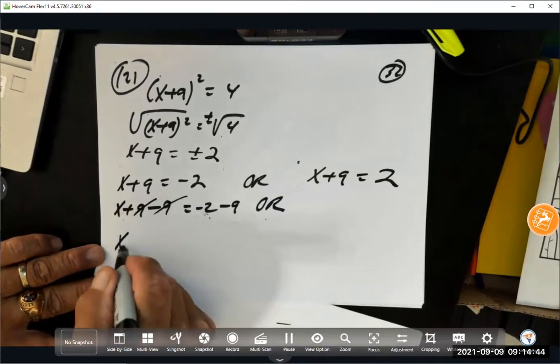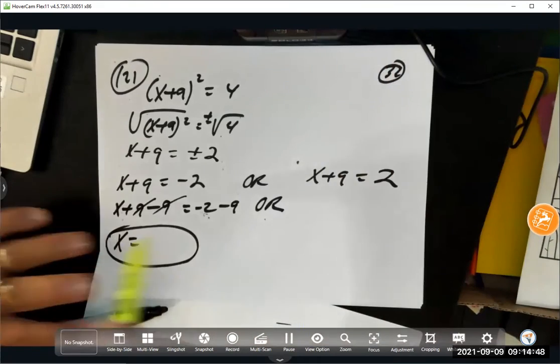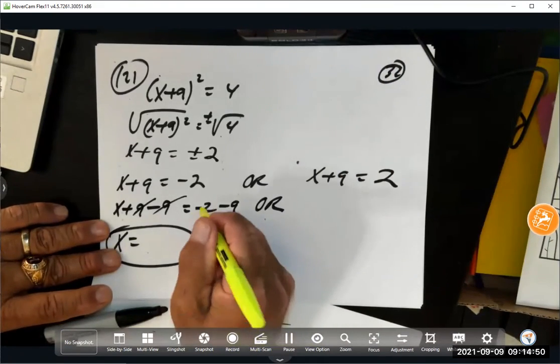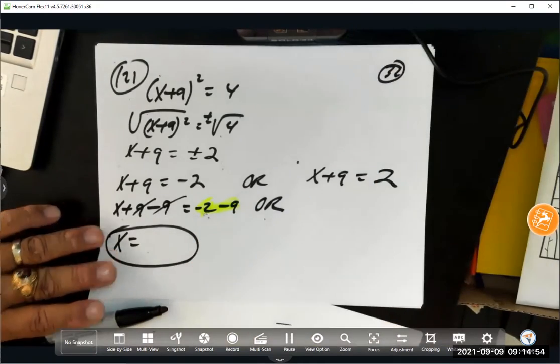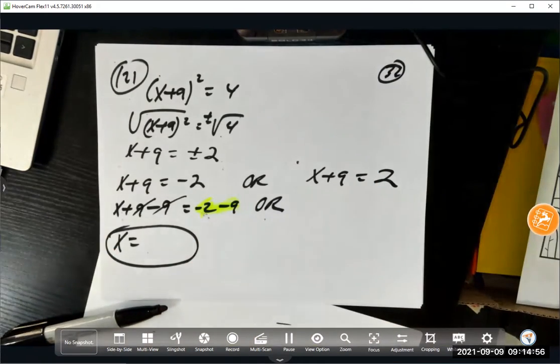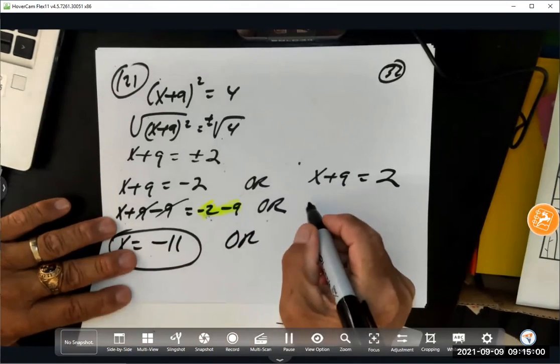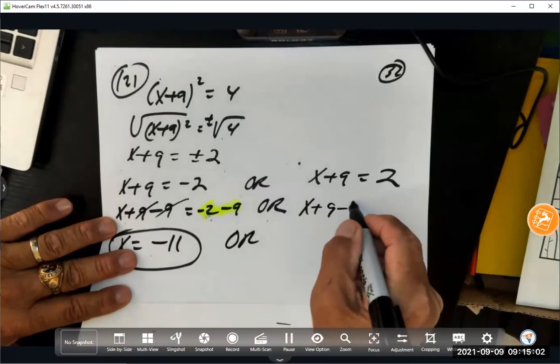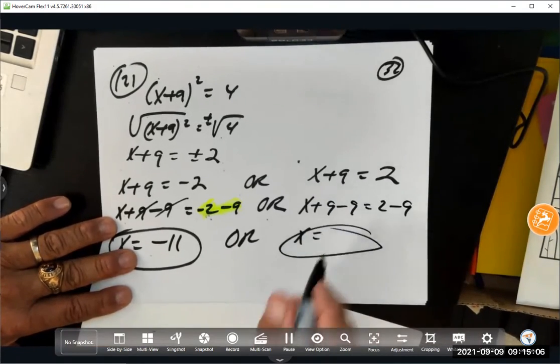So now calculator, you have to do this in a calculator. Don't do these numbers in your head. A negative 2 and a negative 9. What do you think that's going to become? Negative 11. Yes, negative 11. Okay, over here: x plus 9 minus a 9, and 2 minus a 9. What do you think this is going to become?